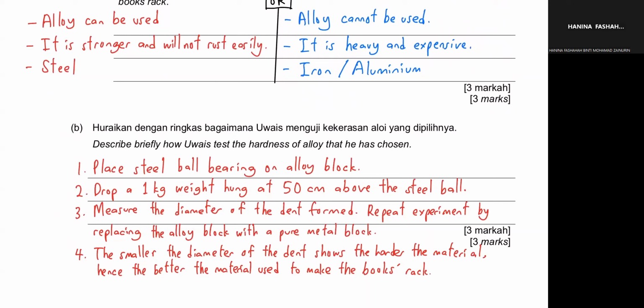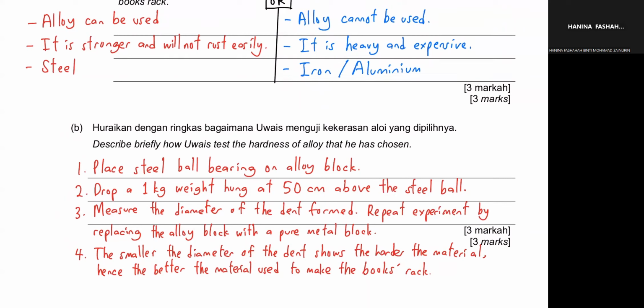Then they have to compare alloy and pure metal. So this one, the third one: repeat the experiment by replacing the alloy block with a pure metal block. Then the fourth one, they do some calculation. The smaller the diameter of the dent shows the harder the metal.